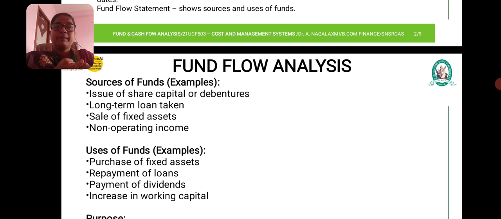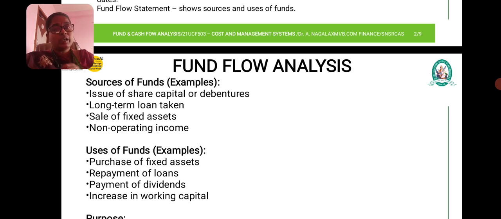Issue of share capital or debentures. Funds are not small cash; they are long term. If we want a lump sum amount for the expansion of the business or to introduce a new product, we need a big corpus, which will be sourced by the issue of share capital or through the issue of debentures.